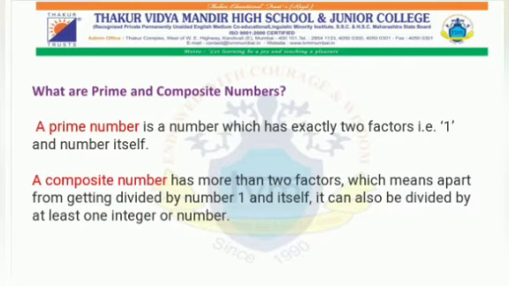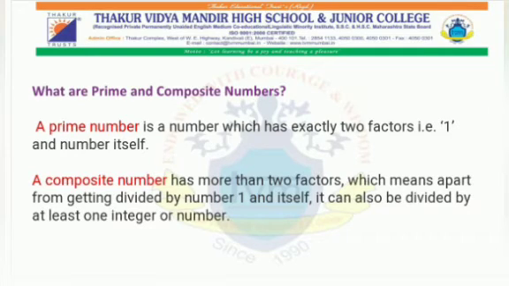Let us go ahead, students. Let us understand what are prime and composite numbers. A prime number is a number which has exactly two factors, that is 1 and the number itself, whereas a composite number has more than two factors, which means apart from getting divided by 1 and itself, it can also be divided by at least one integer or a number.